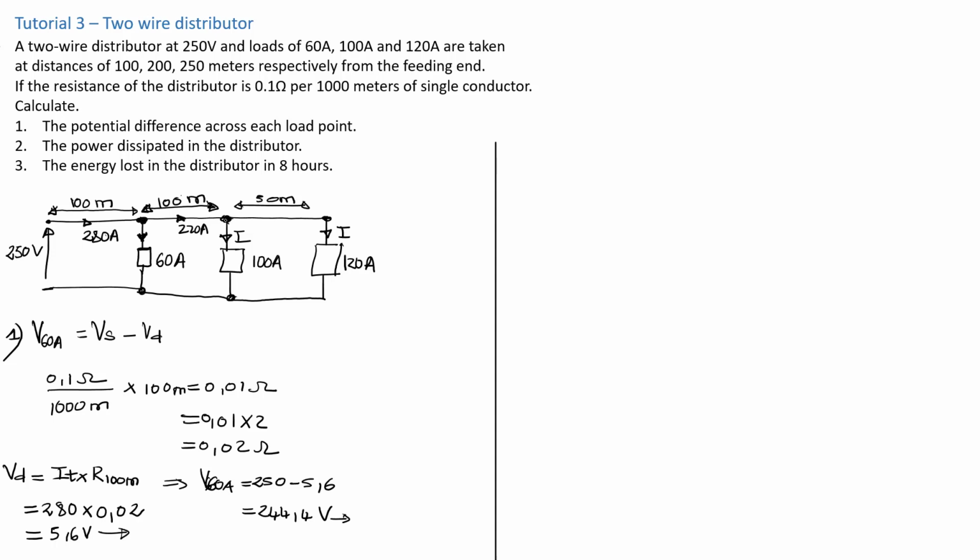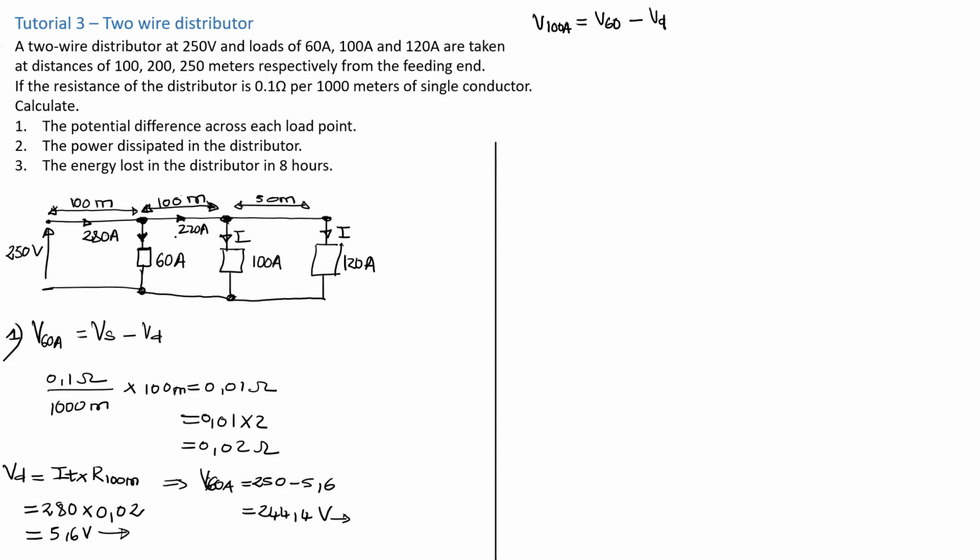Okay, so the voltage at this point here, V100 amp, is going to be the 244, or rather V60 minus the Vd at that point, right? But in order to find Vd, we also need to calculate the resistance of this section. But we can see that this section is also an extra 100 meters.